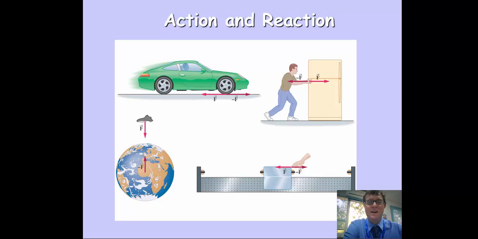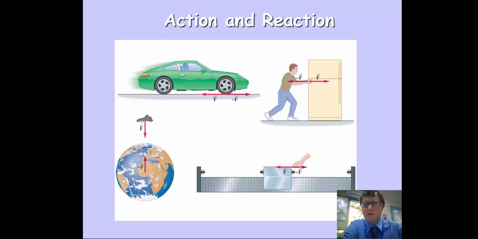For the gravitational attraction of the space shuttle to the center of Earth, there's also an equal and opposite gravitational attraction of the Earth to the space shuttle. If we look at the car driving, we have the friction of the road on the car and the friction of the car on the road. These are equal and opposite, and notice how they're acting on different bodies.